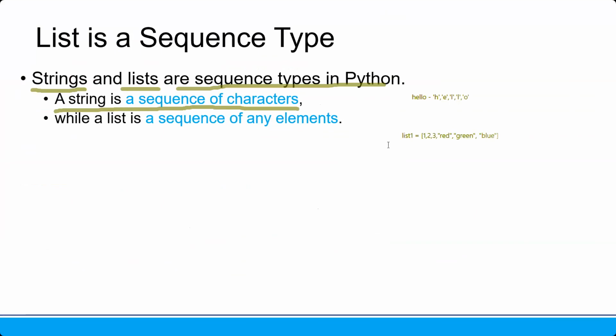So it is also possible. And we call this a sequence because this will be the first element, this will be the second element, this will be the third element, and so on.